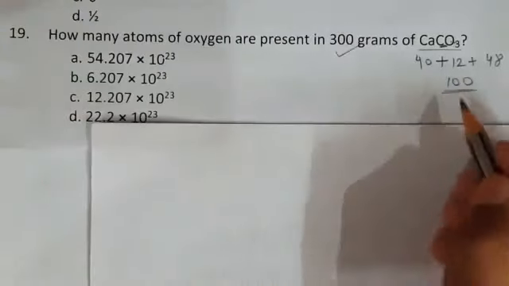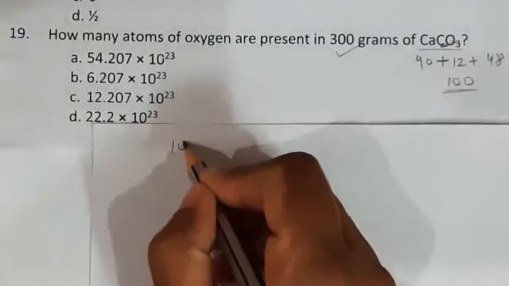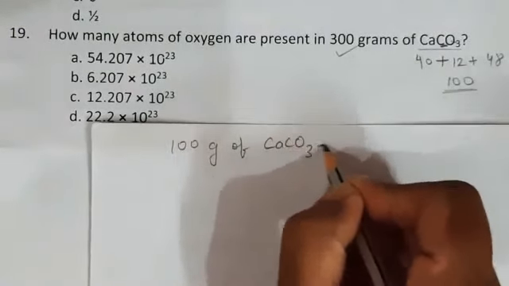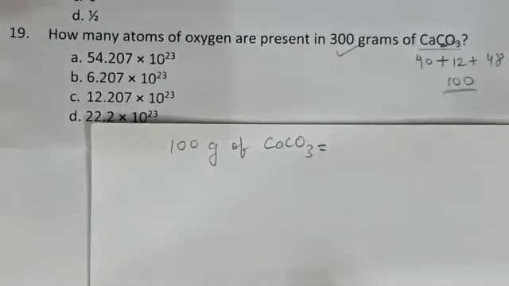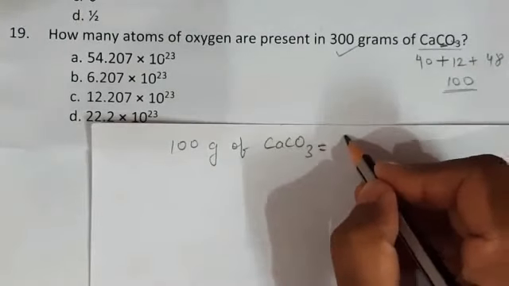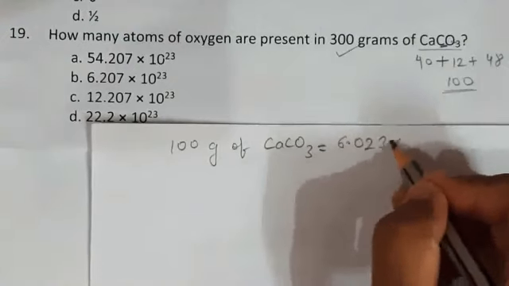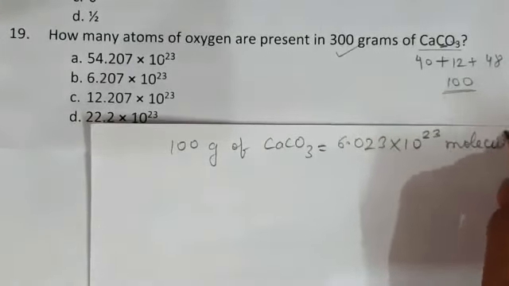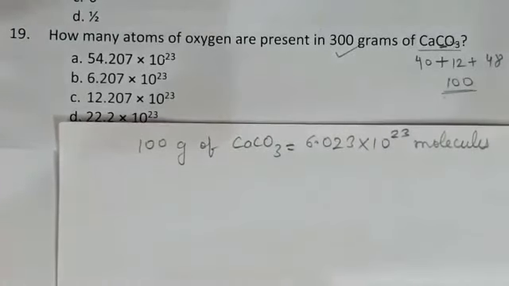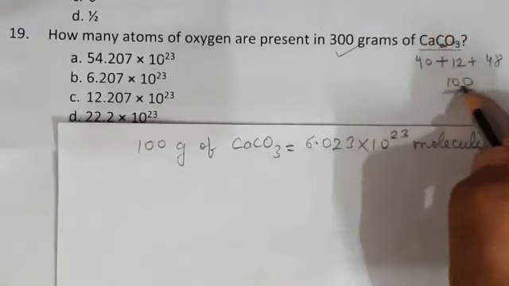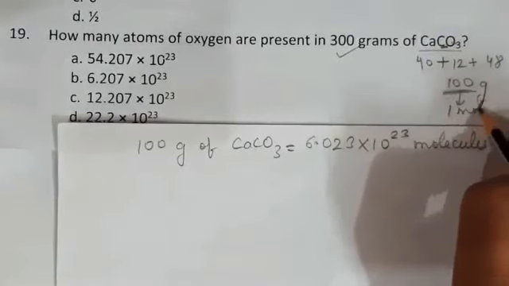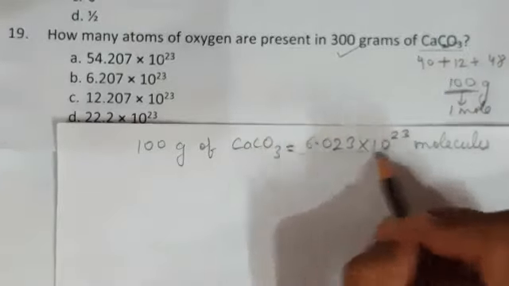Now this 100 gram of calcium carbonate is equal to 1 mole, or we can write 6.023 into 10 to the power 23 molecules.